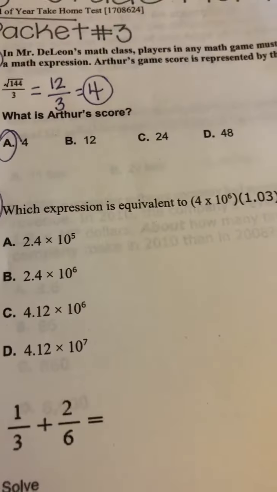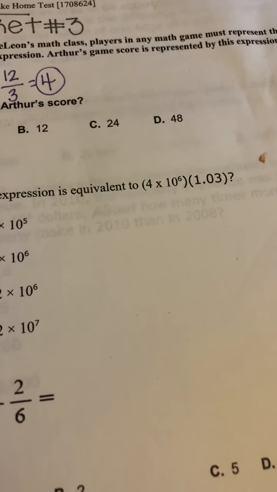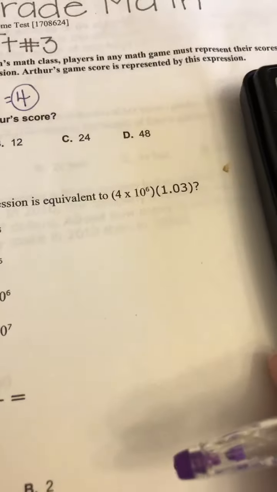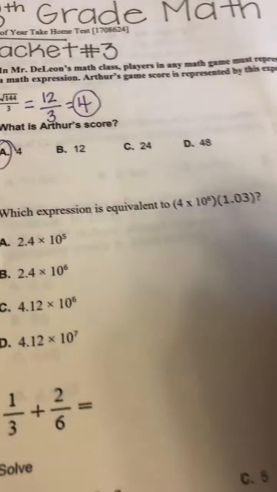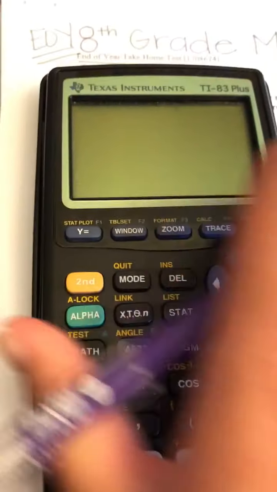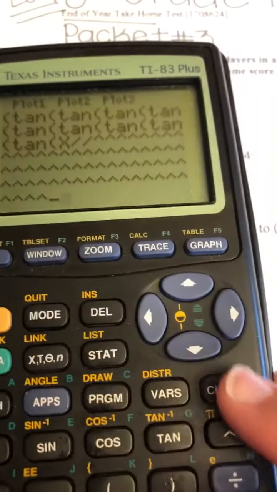Number 2, it says which expression is equivalent. So you can easily grab your calculator on this one, but the rule would be you just multiply your first numbers and add your exponents for multiplication.